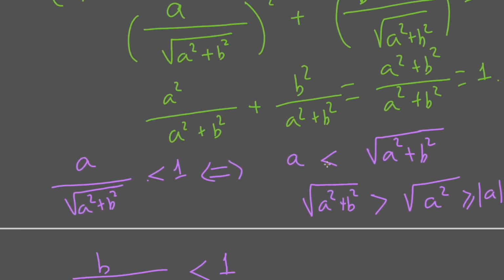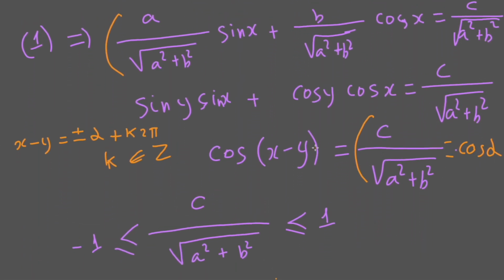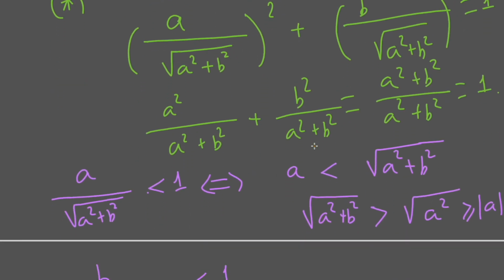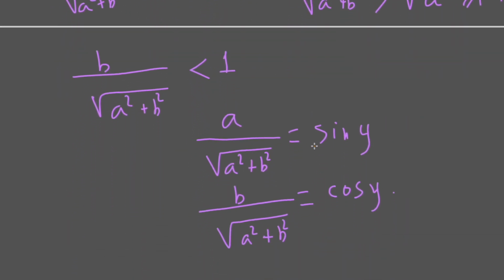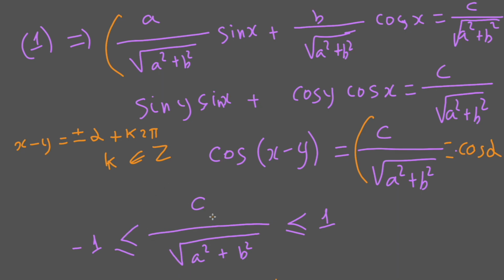And the most important thing is the condition that sine and cosine are smaller than or equal to 1 and greater than or equal to negative 1. That is the range of the sine x and cosine x functions.